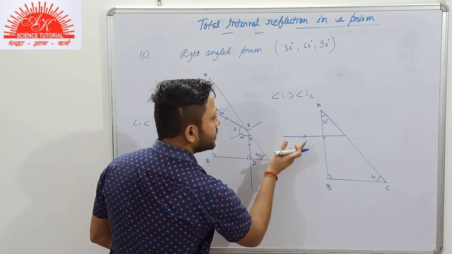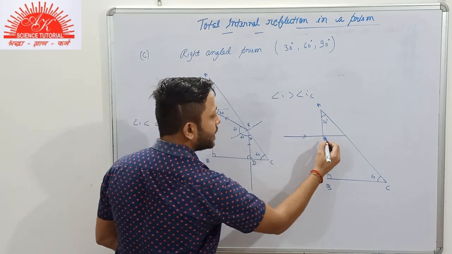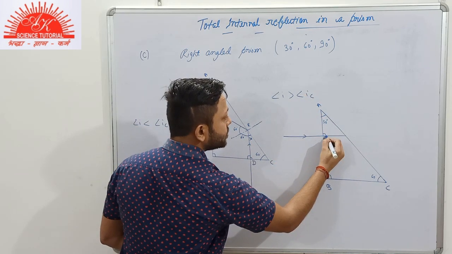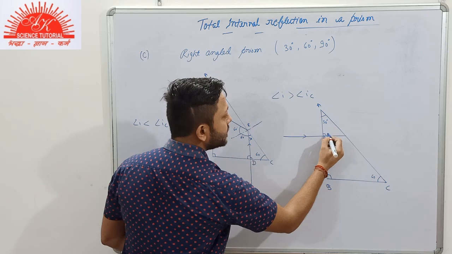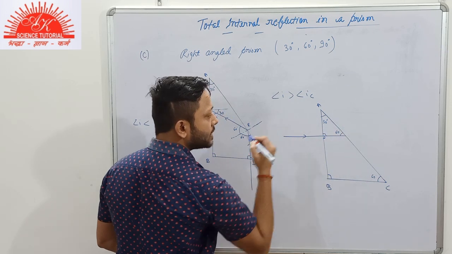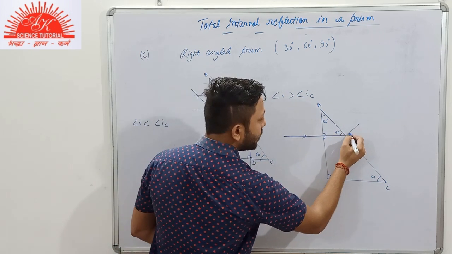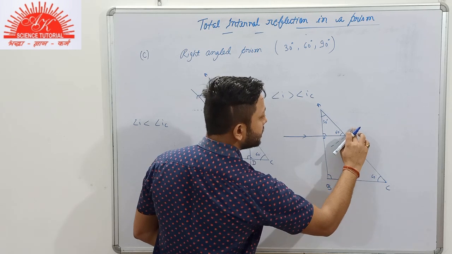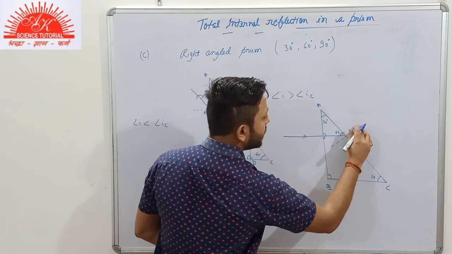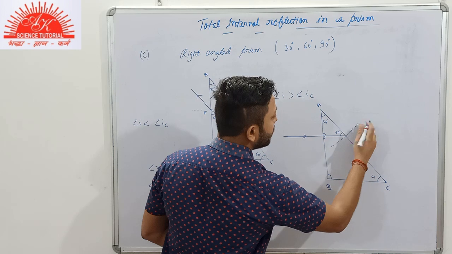It enters the prism through this surface AB. This is 90 degree, so this must be 90 degree. This is 30, this is 90, so this angle must be 60 degree. Now again we draw the normal so that we can get the idea whether total internal reflection will take place or not.